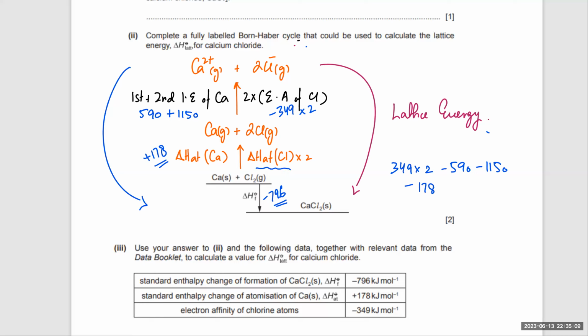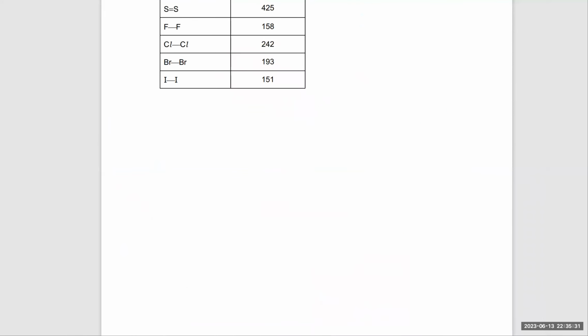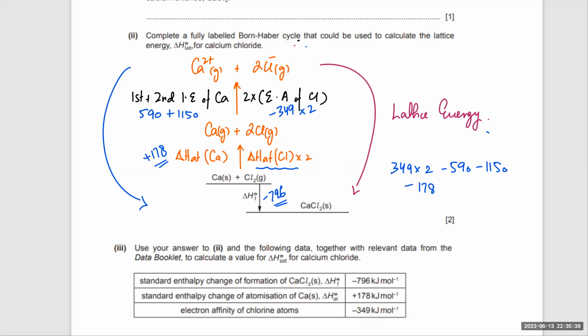This is not given. What you're doing is breaking a Cl-Cl bond when you're atomizing it. If you've got chlorine gas and it turns into two Cl gaseous atoms, you've basically just broken one Cl-Cl bond, which is also given somewhere in the data booklet. The Cl-Cl over here is given as 242, so that's going to become negative as well.